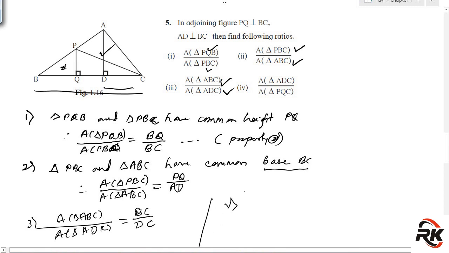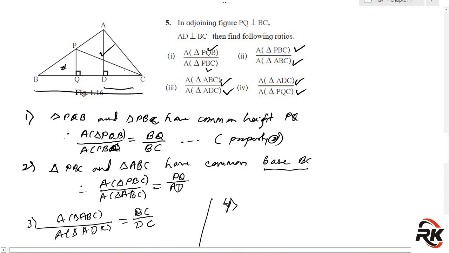And fourth answer, triangle ADC and triangle PQC. These two triangles, look in figure, triangle ADC is a right angle triangle, and triangle PQC is also a right angle triangle, and both have different base and different height.